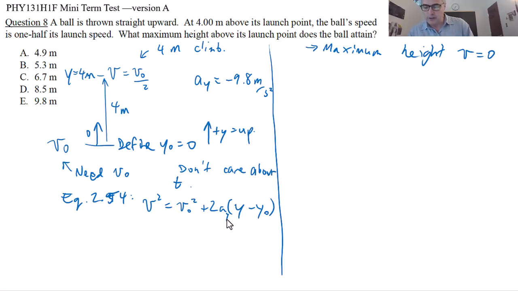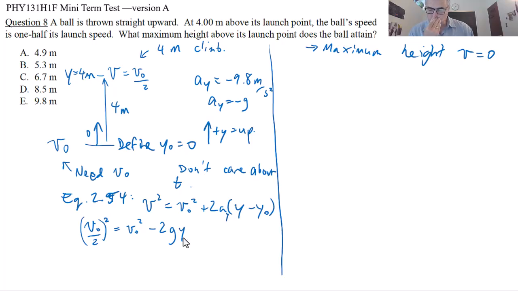And then we know that the final v is just equal to v over 2. So it's going to look like v over 2 all squared equals v0 squared minus 2 times g, because I've replaced a with minus g. A sub y equals minus g. And then y0 equals 0, so this is this 4 meters y.